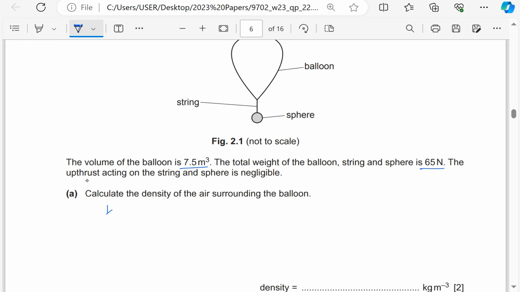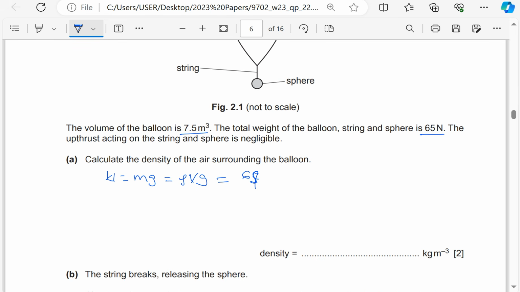So we now know that the weight is equal to mass times gravity. Mass is density times volume, then times g. So the weight is given as 65 newtons. So I want density.